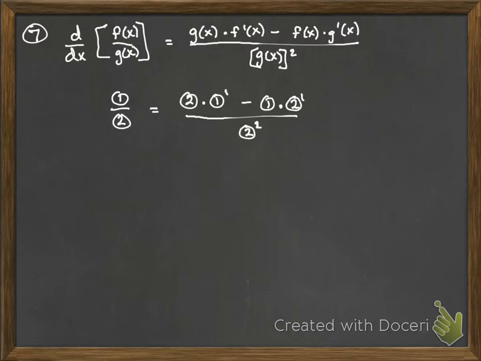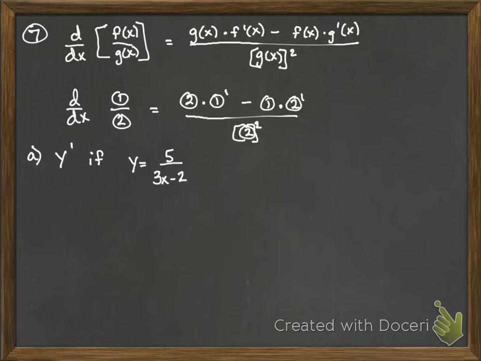So that's kind of the easy way to think about it when you're looking for the derivative of a whole function over another function. So what would these look like? Let's look at part A. We want to find y prime if y is equal to 5 over 3x minus 2.